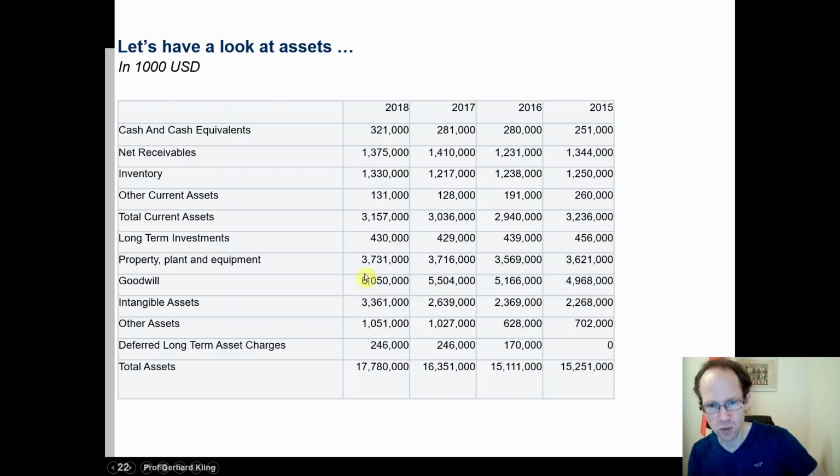Again, one has to look into what's the main driver. Quite often this would be an acquisition. Your fixed assets, so this is property, plant and equipment, look also a little bit expanding, which is interesting because your revenue does not increase. So this is not a fantastic sign. I wouldn't be too happy, because why do you need more stuff for the same level of revenue?